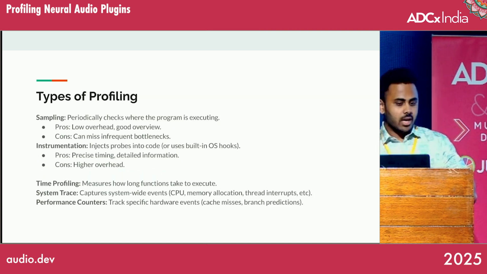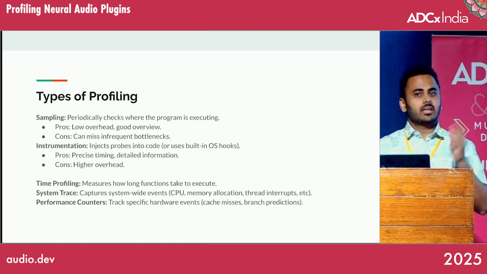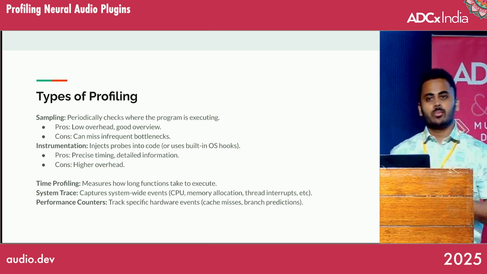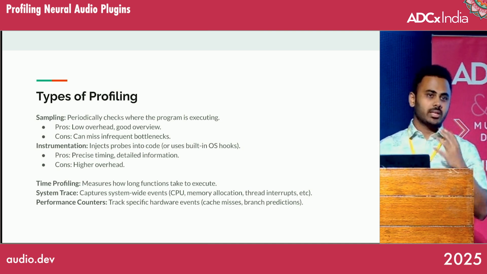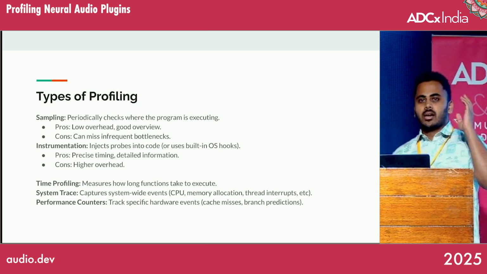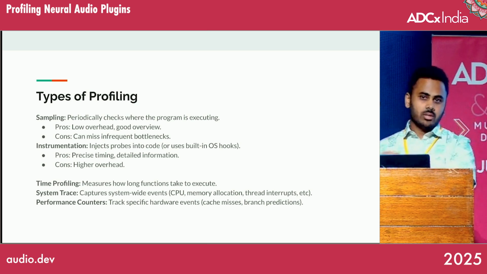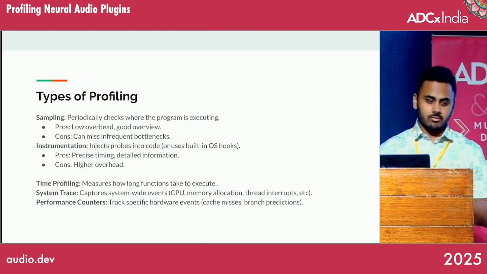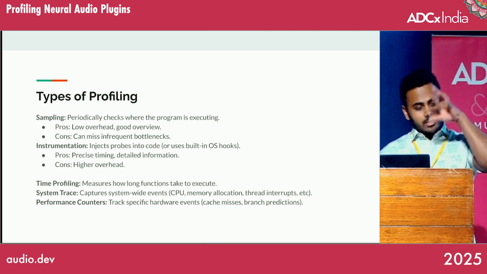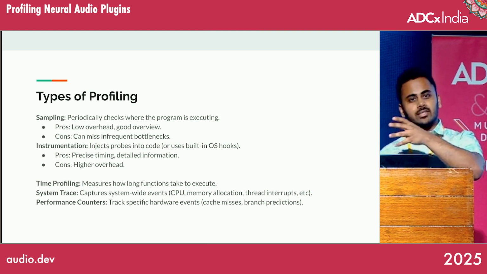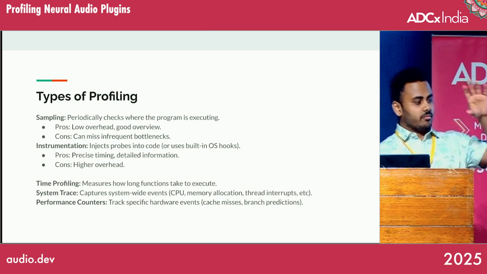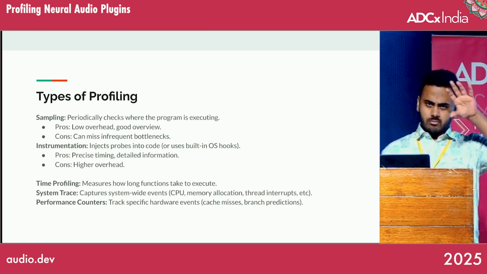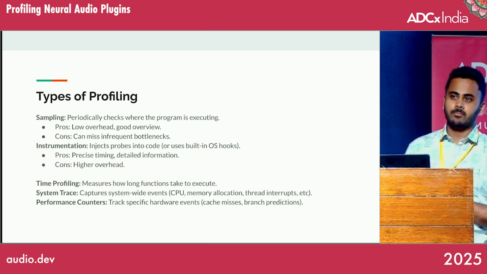In general, we have two broad categories of profiling: one is sampling based, and one is instrumentation based. Sampling based is pretty simple. The idea is that at a predefined interval, just like sampling with audio, the operating system takes a snapshot of the call stack of the particular process you're trying to profile.